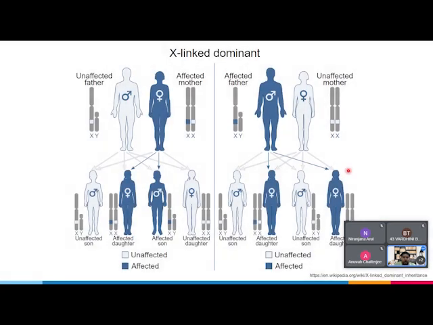Okay. So we move forward to the X-linked dominant case. In X-linked dominant, we have a disease that is carried on the X chromosome, but it dominates over the wild type copy.